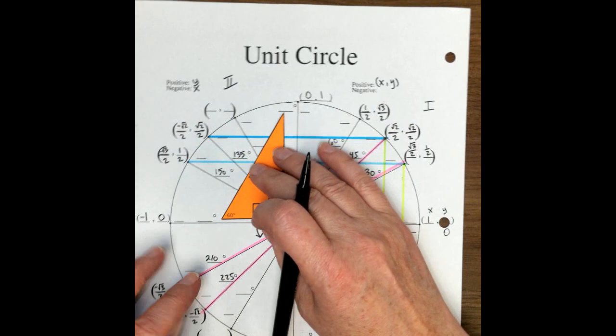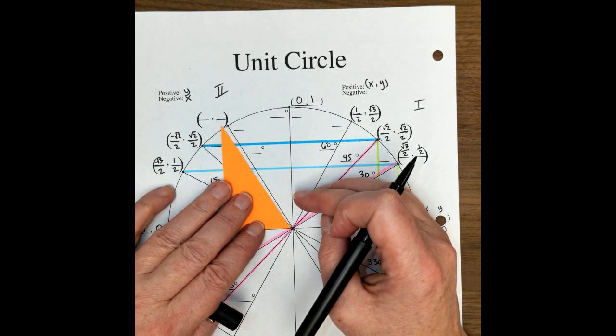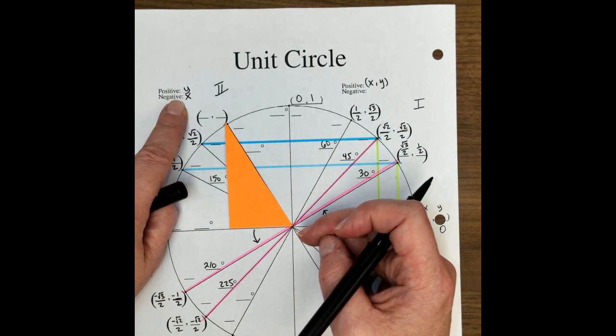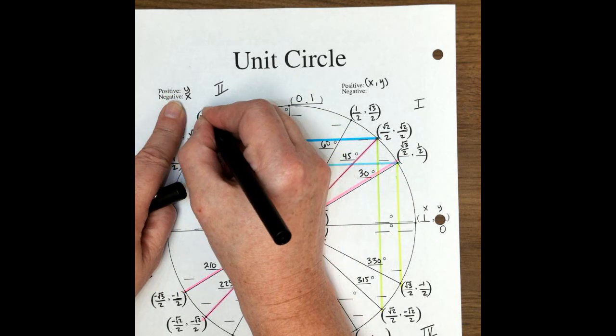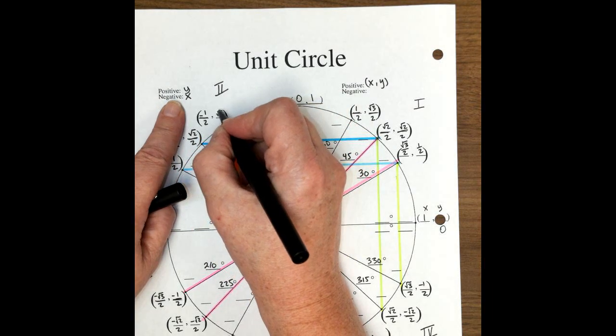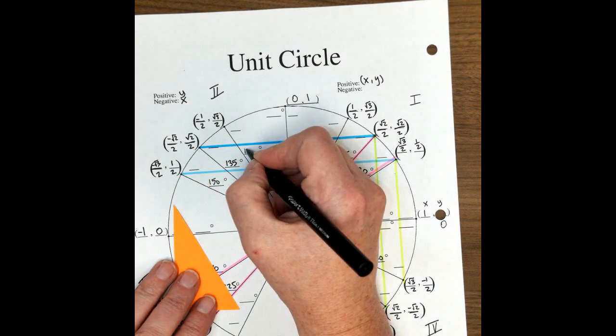So I'm going to go over here and flip it over because I'm referencing the x-axis. So now my x is negative, so negative 1/2, and my y is positive, so square root of 3 over 2. And this guy is 180 minus 60 gives me 120.